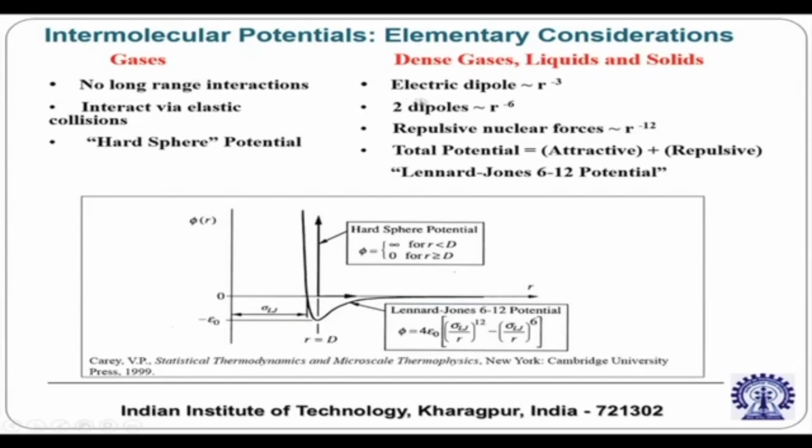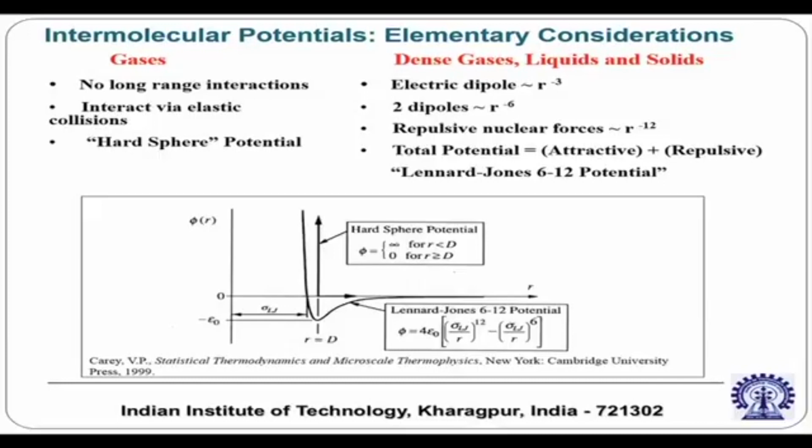For dense gases, liquids and solids you have electric dipole interaction which scales with r to the power minus 3, and if you have 2 dipoles that will scale with r to the power minus 6. So the attractive component will depend on that, and you have repulsive nuclear forces which you may scale with r to the power minus 12. I will show you what is the basis of r to the power minus 12 and it is very heuristic.